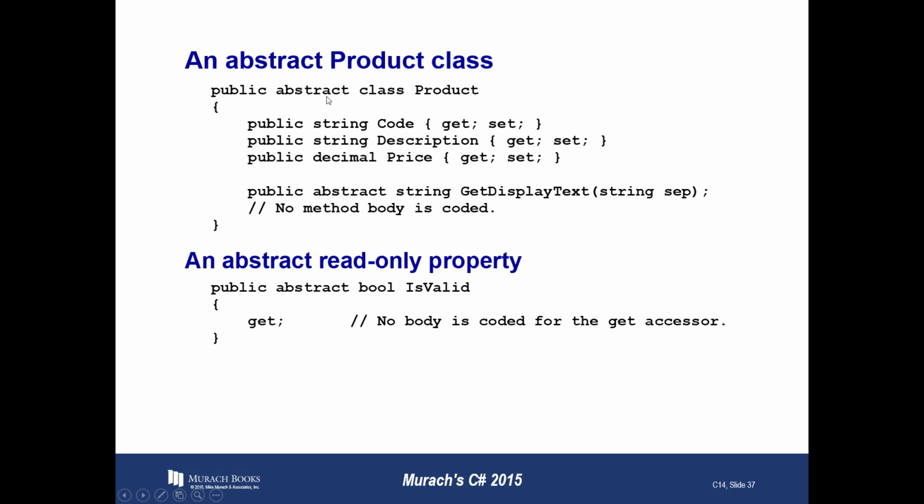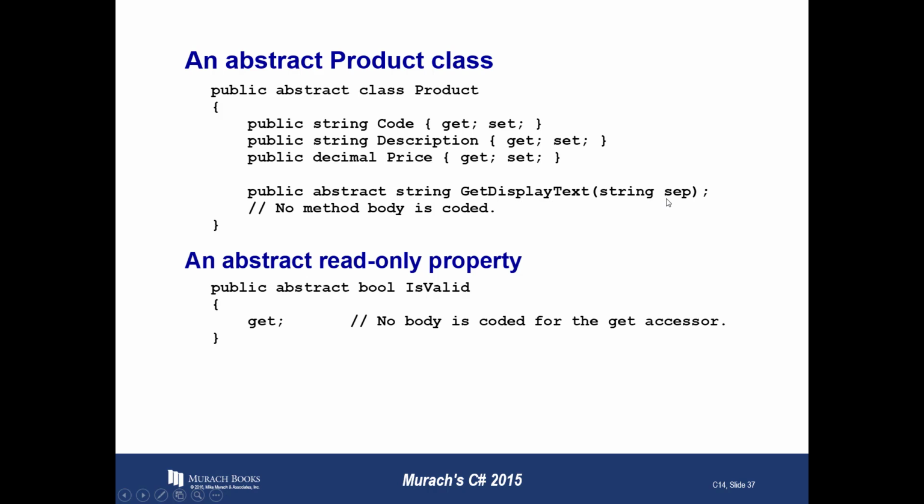Notice that when you make it abstract, you can set up data members, but when you set up methods, you do not put a body in there. Rather, you give the type, the fact that it's abstract, what it returns, its name, and any parameters. Now, anyone that inherits from this abstract class must provide a getDisplayText method.